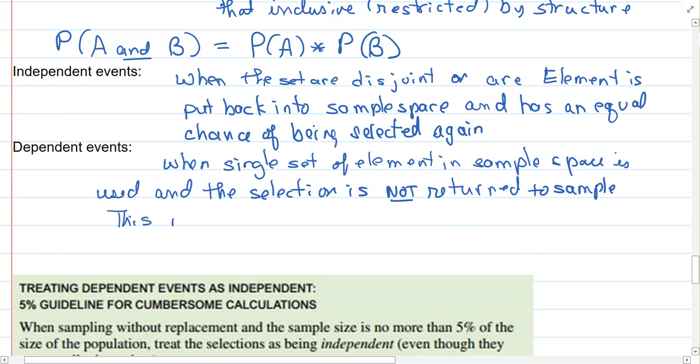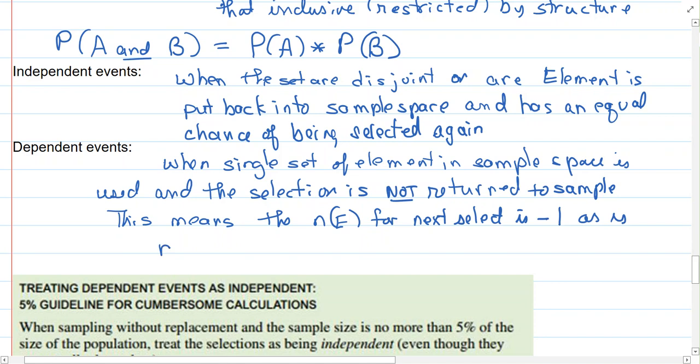this means the cardinality of the event for the next selection is minus 1, as is the cardinality of the sample space, because the pool is reduced in quantity.